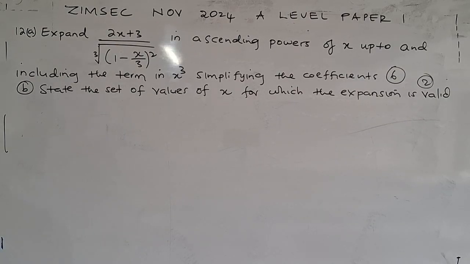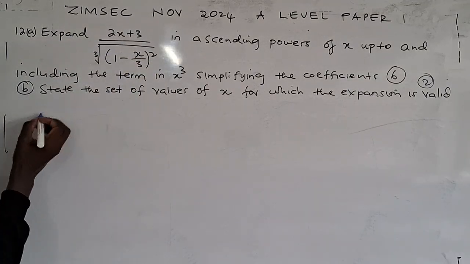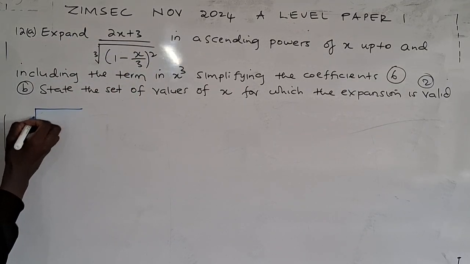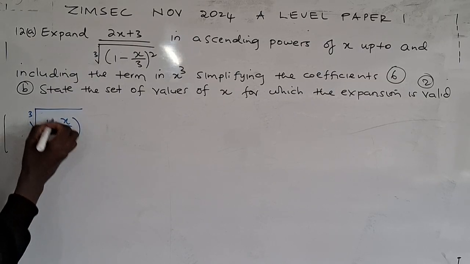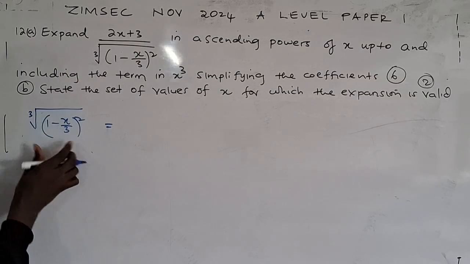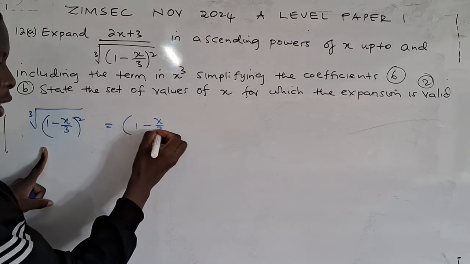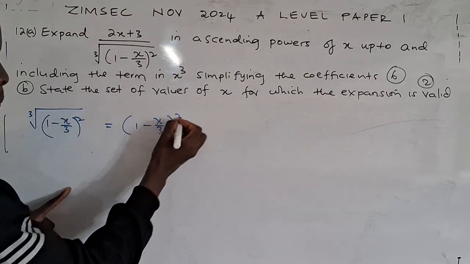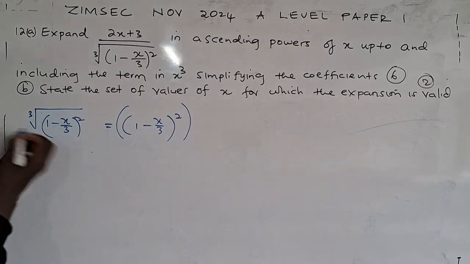Okay, well, the first thing that you are supposed to know, you want to expand it. If you have the cube root of (1 - x/3)^2, this is nothing but (1 - x/3) to the power 2, then also to the power of what?